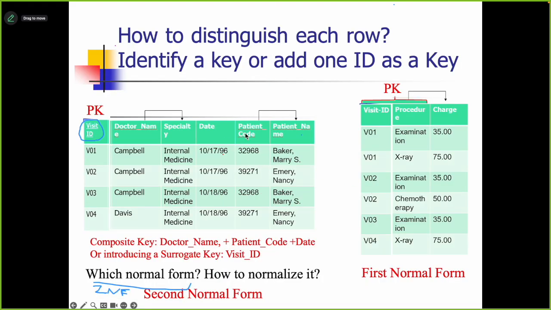However, this table now, the table on the left, just by adding a primary key like visit ID, a surrogate key, you get rid of that problem. Now your table is at least in 2NF because this same dependency is not a partial dependency. The dependency between doctor name and specialty is a transitive dependency. The dependency between patient code and patient name right now is a transitive dependency because these are dependencies between non-key columns.